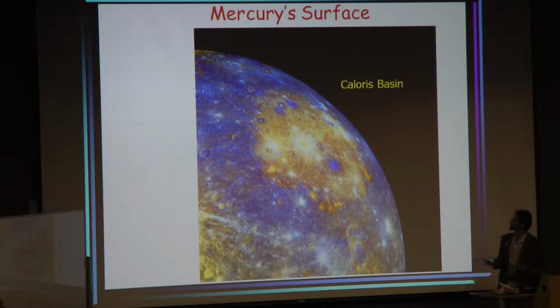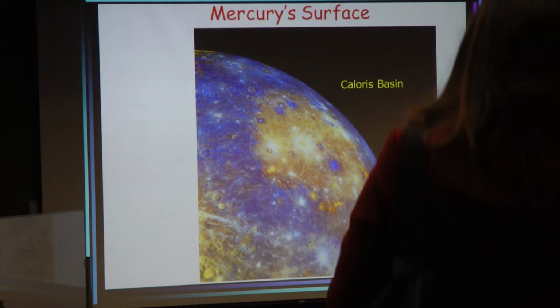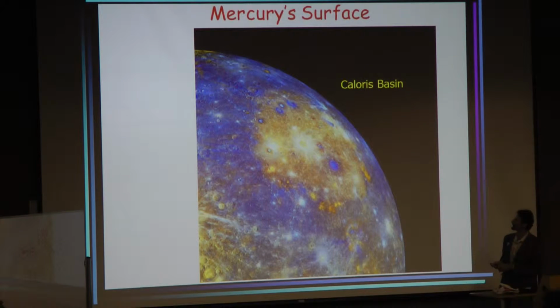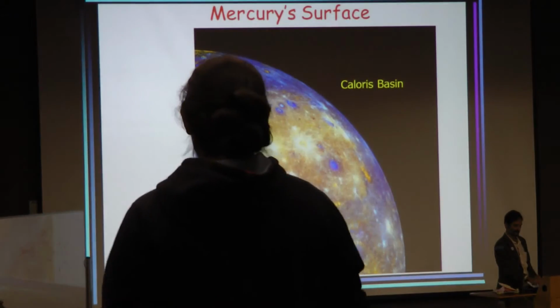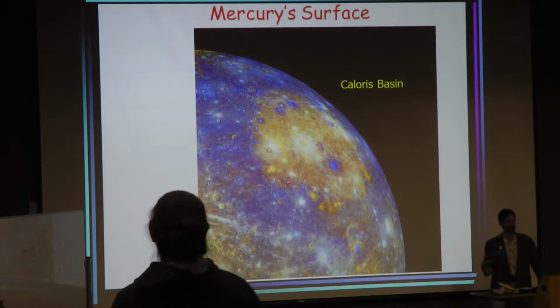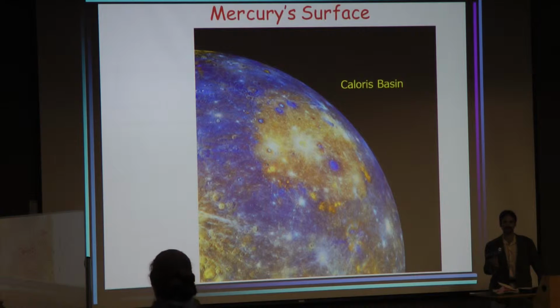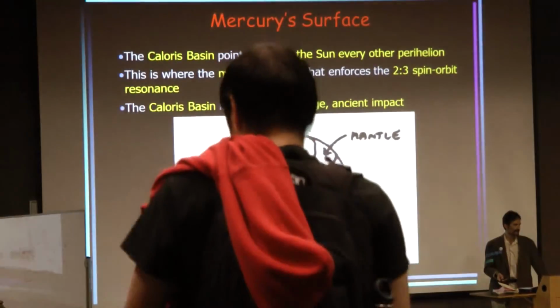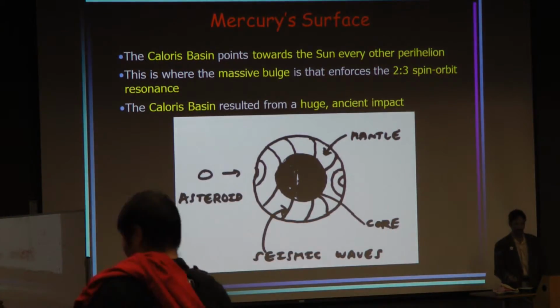The main reason I'm going back to this today is because I wanted to reemphasize that the impact that formed the Florida Basin deposited this very large mass in there, which apparently plays a key role in reinforcing the spin-orbit resonance that we see in the case of Mercury. So again, the Florida Basin results from this huge impact.